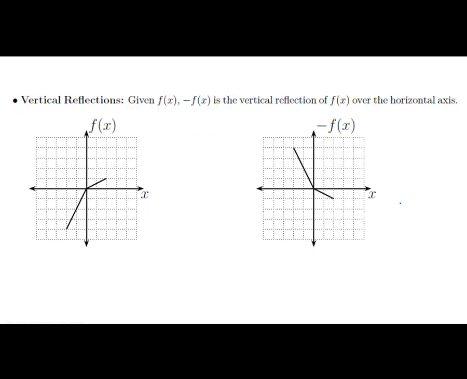Okay, and then just a couple other types of transformations to talk about. First of all, vertical reflections. If it's a vertical reflection, you're literally flipping all the y values. So you go from y equals 1 and send that down to y equals -1. Sorry, I don't know why I wrote x equals 1 there. These should be x equals 2.